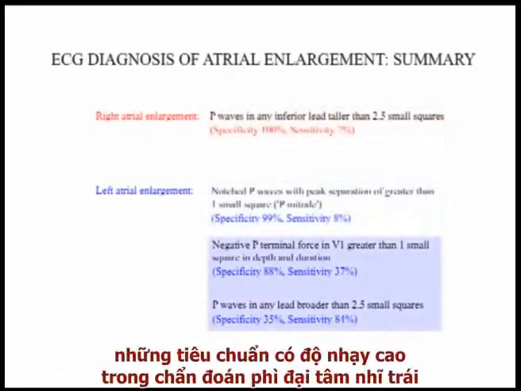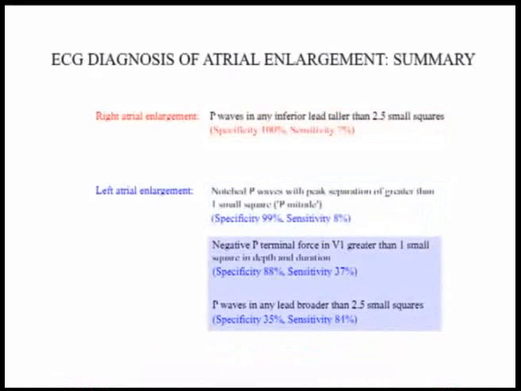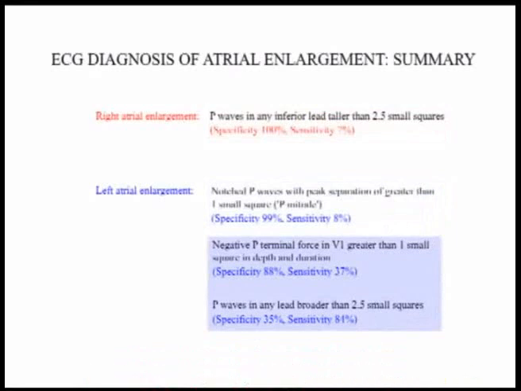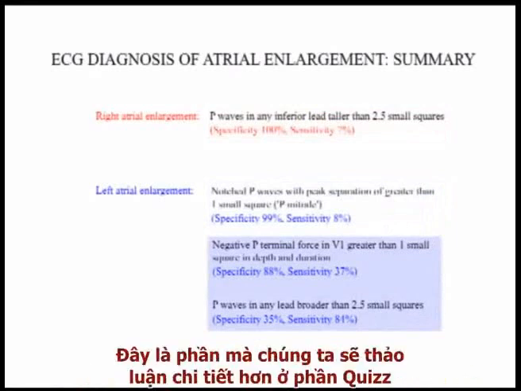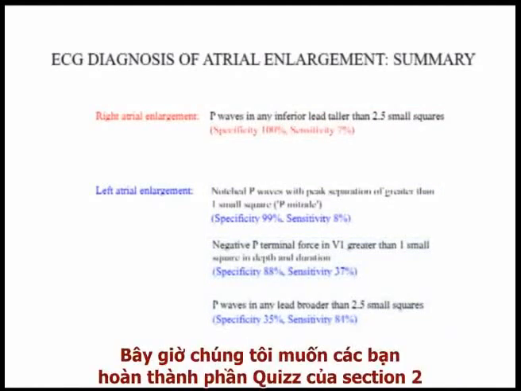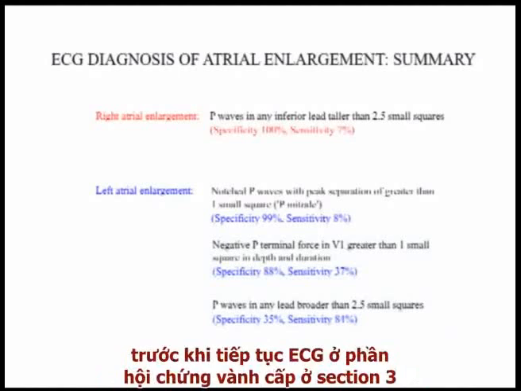Note also that the more sensitive ECG criteria for diagnosing left atrial enlargement are considerably less specific than P mitrale. This is an area we will discuss in more detail in the quiz section. We would now ask you to complete the quiz for section 2 before going on to study the ECG in acute coronary syndromes.